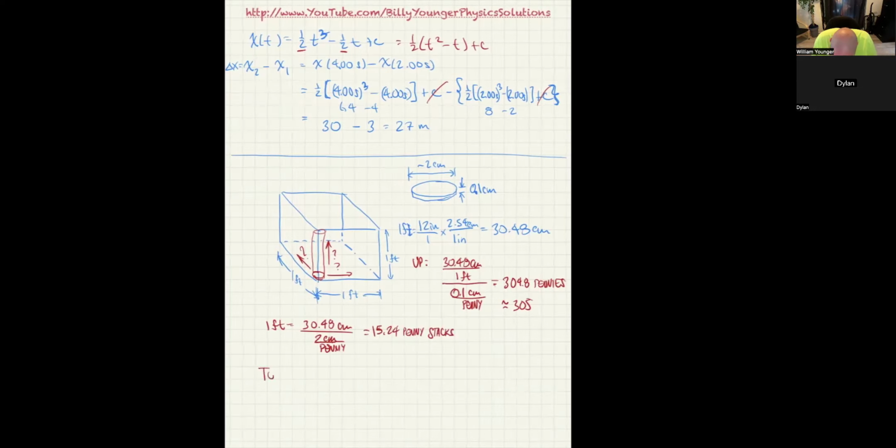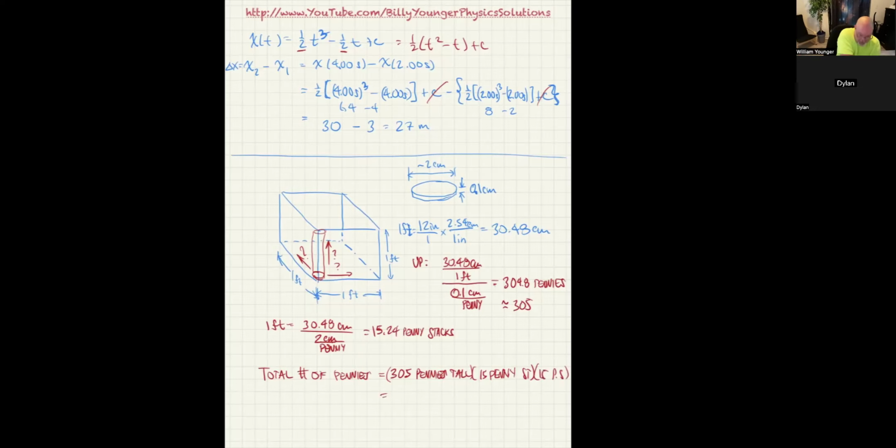So total number of pennies equals 305 pennies tall times 15 penny stacks times 15 penny stacks again.